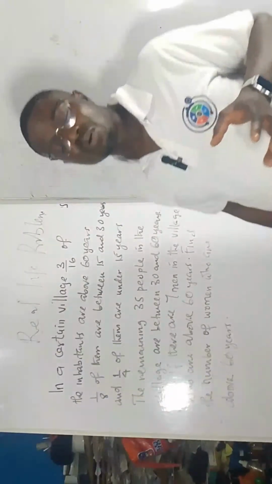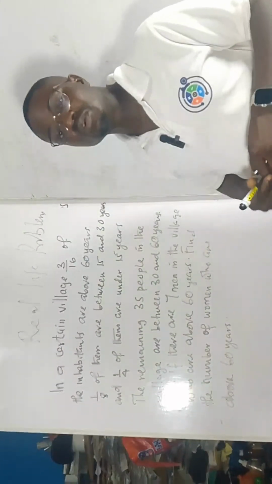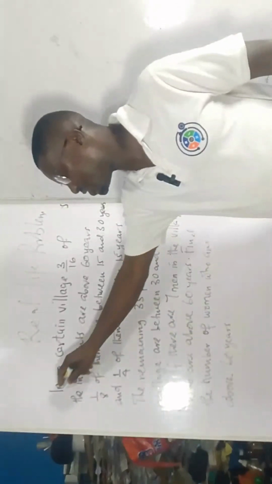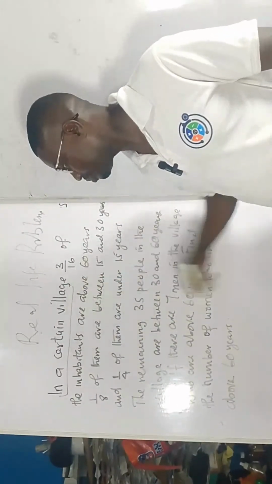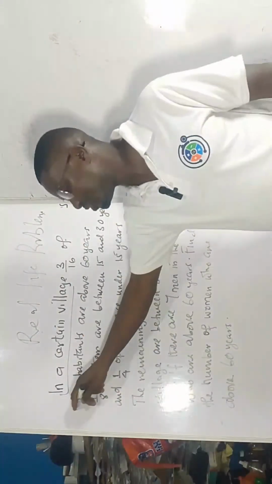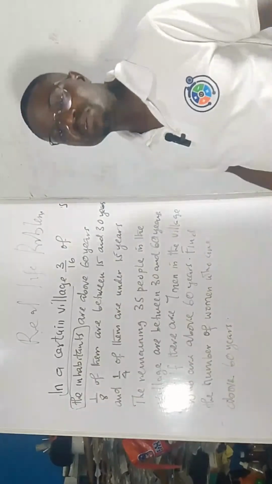Now, what you have to do when it comes to a question like this is, we are looking for a particular piece of information. You deduce your demand of the question from the start. It says in a certain village, 3 over 16 of the inhabitants. What are they talking about? They are talking about the inhabitants.